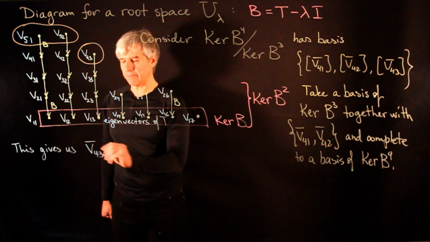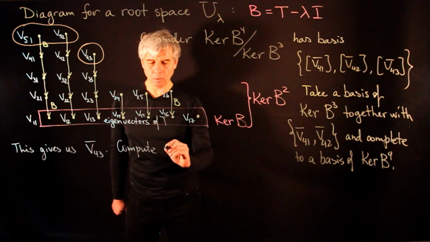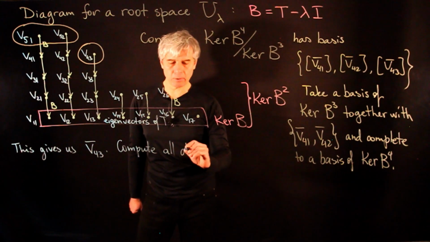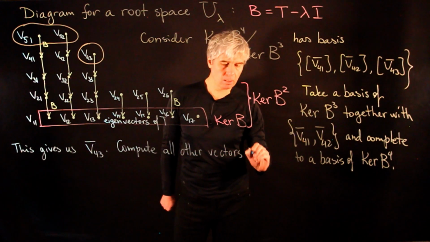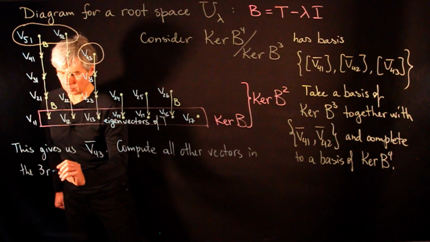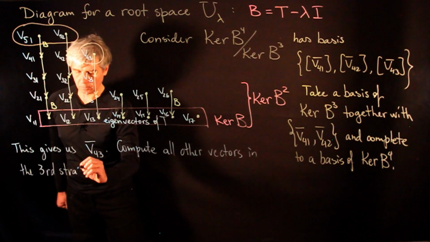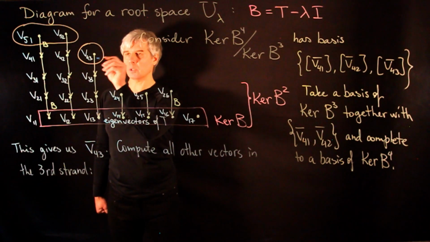And once we have v43, we compute all other vectors in the third strand by iteratively applying operator b to the top vector.